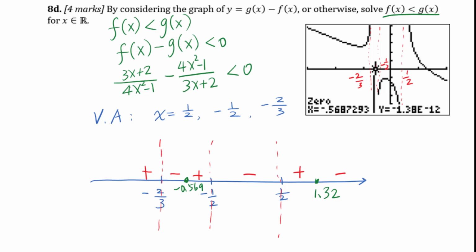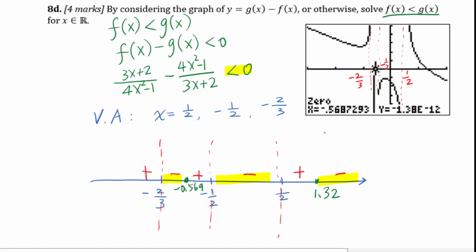Then using this sign diagram, we can write down the solution. Since we are looking for less than 0, which means below the x-axis, or the interval with a negative sign like this, this will be the solution.